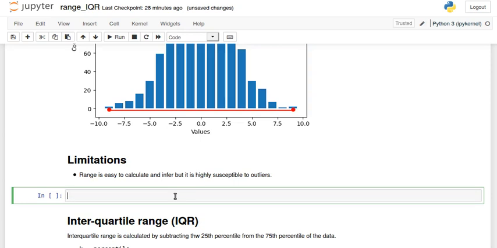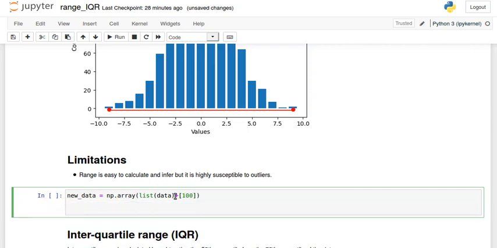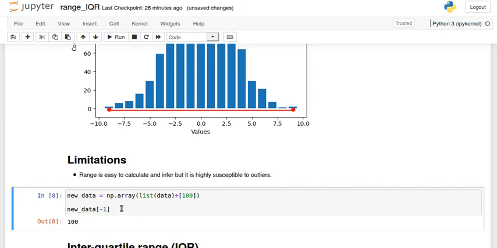For that we will add an outlier to the data. Our outlier is 100. So let's check if our outlier is there or not. We will print the last item within the data. So that is 100. So our outlier is there.